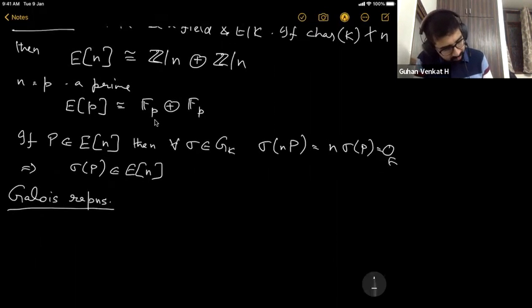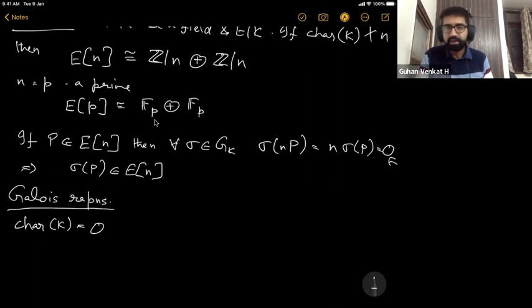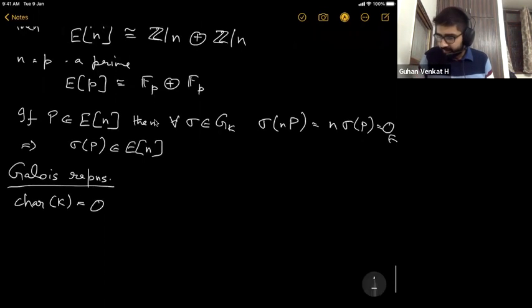Now, let K be a characteristic 0 field. The prototypical example is a number field, but you can also think of a finite extension of Qp.